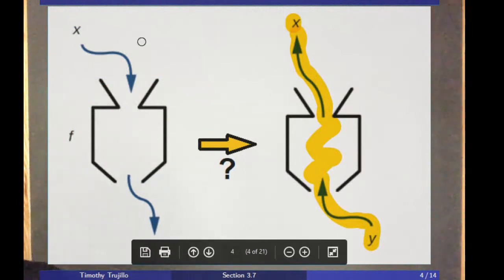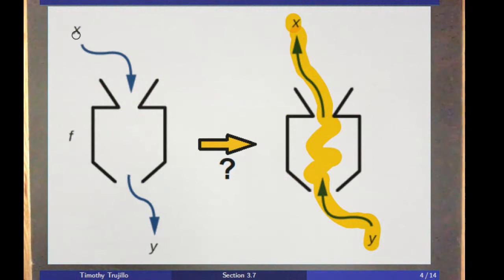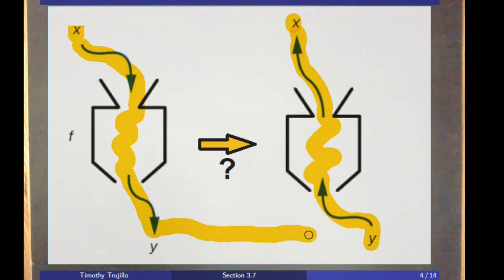Well, the way that you do that is you start with an input x in the domain of f, you throw it into this function, you run through the process, you get an output y, and then you take that output and you run it through this second machine, the one that you think might be the inverse. You run it through that process, and if it really is the inverse, what you should get back is x, because this one's just undoing this one over here.